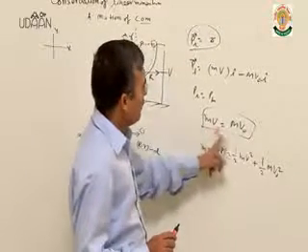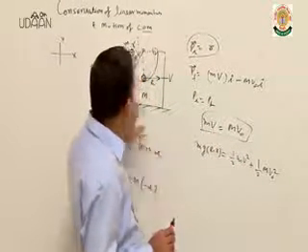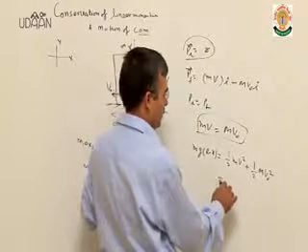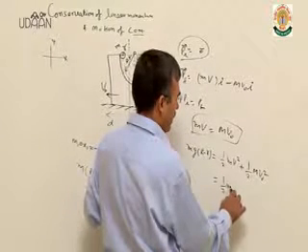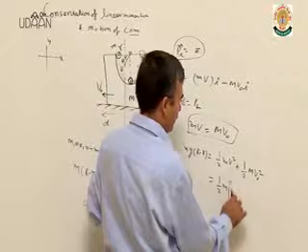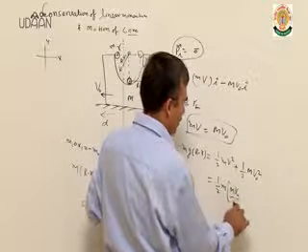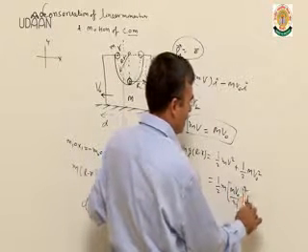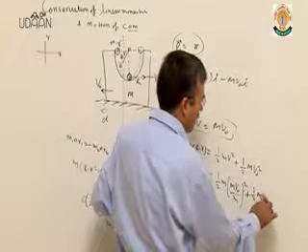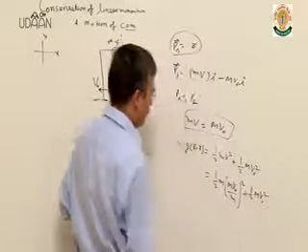If we put the value of capital V here to find V naught, that will be half small m into capital M V naught divided by small m, whole square, plus half capital M V naught square.